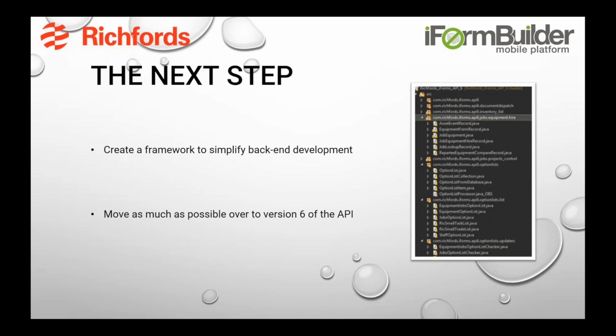And when we started, the API 6 hadn't arrived. And just before we started getting to grips and understanding the API, the API 6 came out, and we took that as the opportunity. We'll use that as our target rather than the API 5.